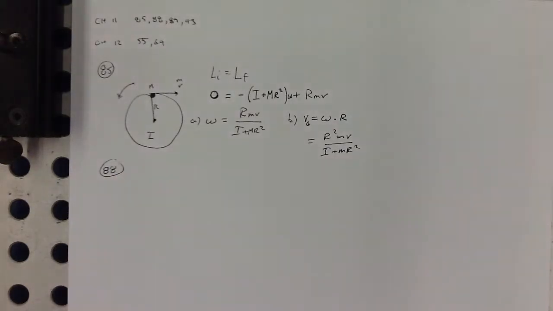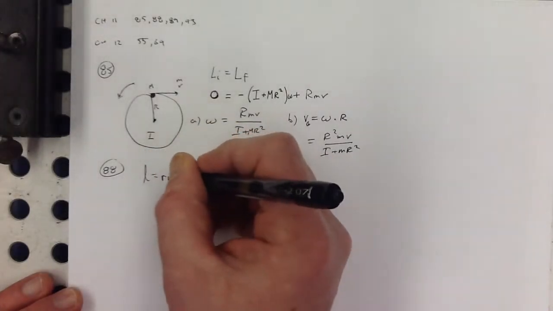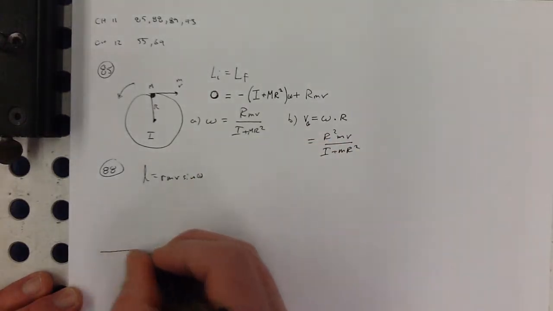Number 88. A 1,200 kilogram airplane is flying in a straight line at 80 meters per second, 1.3 kilometers above the ground. What's the magnitude of its angular momentum with respect to a point on the ground directly under the path of the plane? So this is just one of these types of calculations.